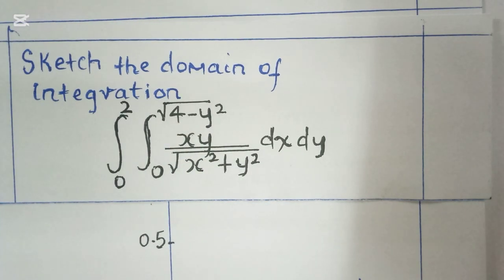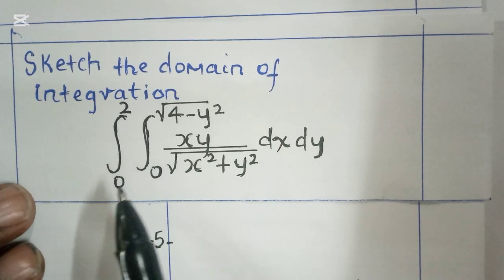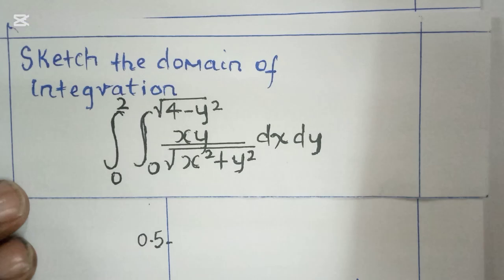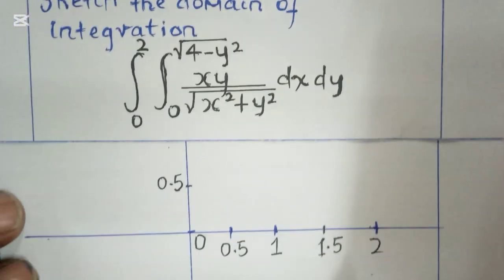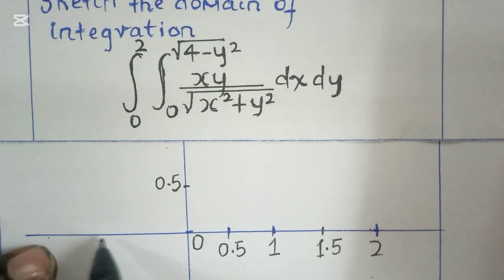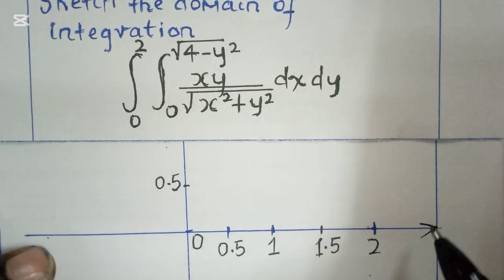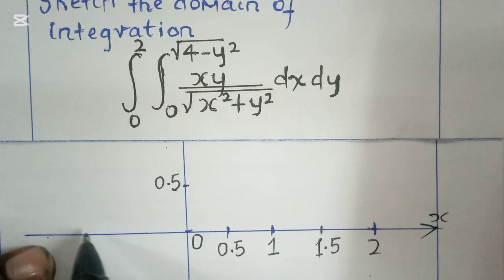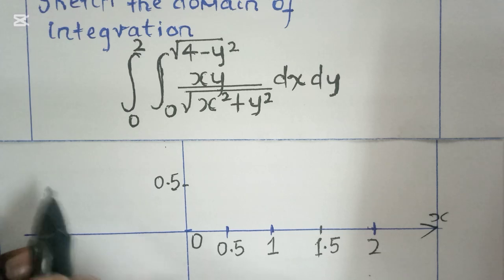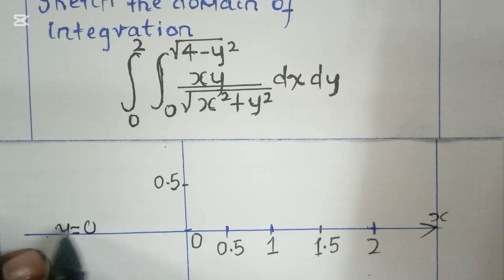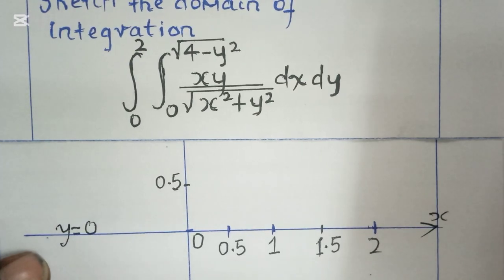So the first thing we do is draw with respect to y. Our 0 is going to be along the x-axis, that is y equals 0. This is y equals 0, our lower limit for y.